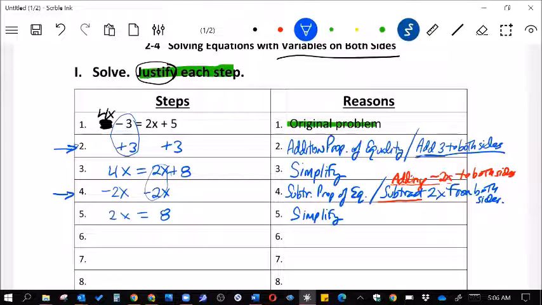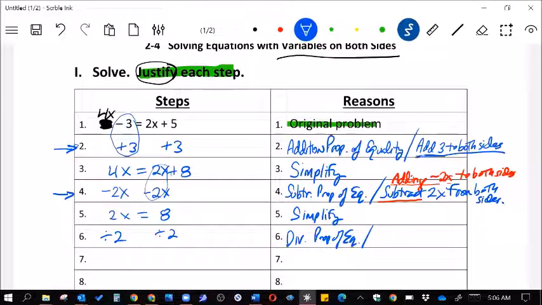Okay, now this next part, we're going to divide both sides by 2. And that will help us get the x by itself. Now that can be called the division property of equality. Notice that all of the official names are with equality, and that's because you're doing it on both sides.